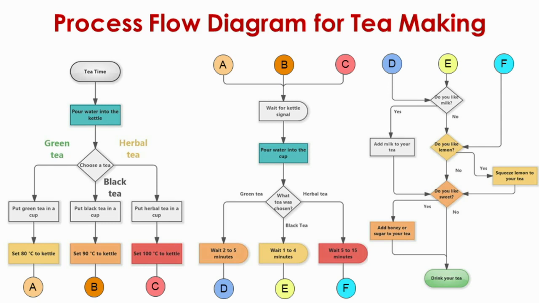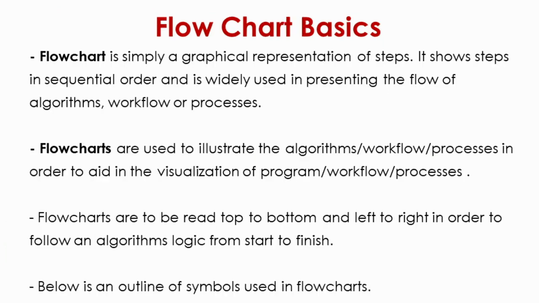Based on that, you are going to wait for some time in the meanwhile, and again, depending on the type of tea, you are going to add different delay times or wait times for boiling. And again, as I said earlier, based on whether you want to add milk or a lemon, you make your tea and enjoy your beverage. So this is a process flow diagram for making tea.